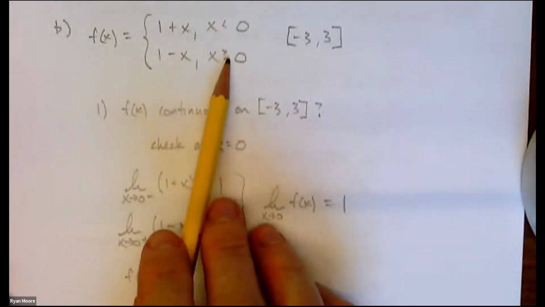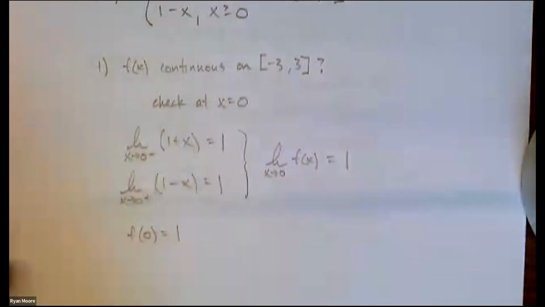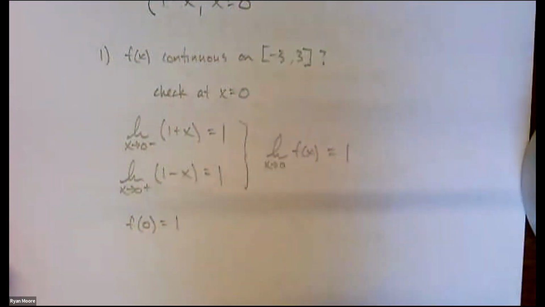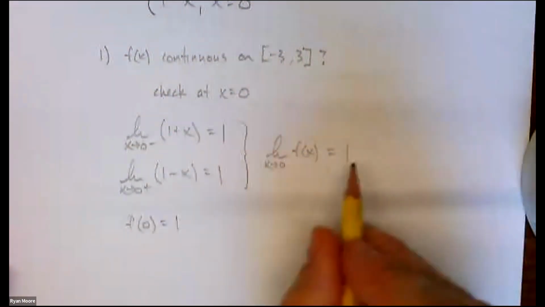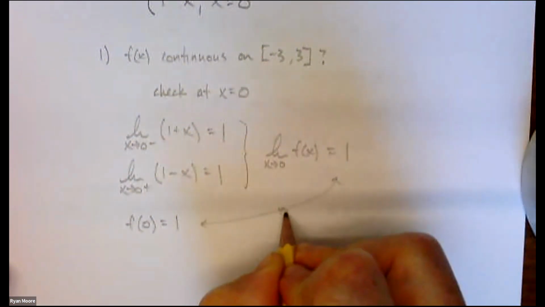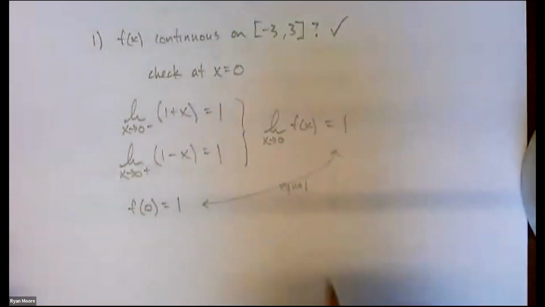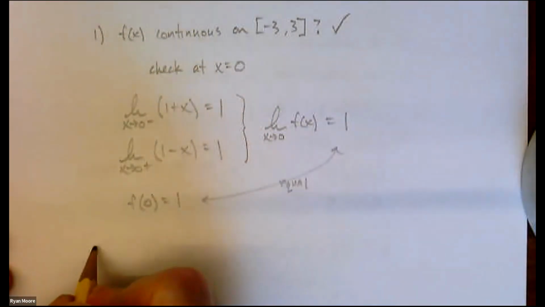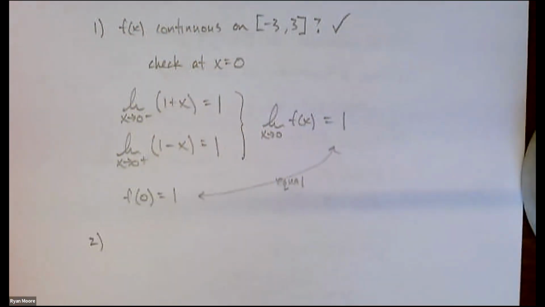Well, f of 0 is where it's possibly equal. So that's equal to 1 as well when we plug in there. So all this is good. Those are equal to one another, right? So we know it's continuous. Wow. Okay.